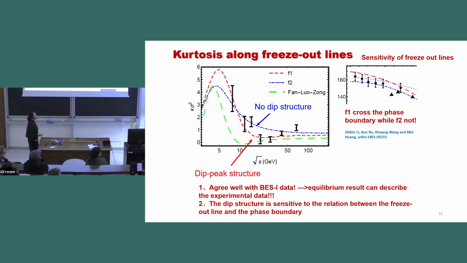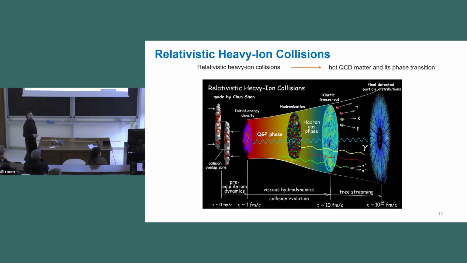Now, we go to hydro because, as you mentioned, in real heavy ion conditions the system evolves with time, and it does not stay in equilibrium. So the motivation of our work is that we combine our equation of state with hydro. I think Chun showed yesterday the main foundations of this hydro.